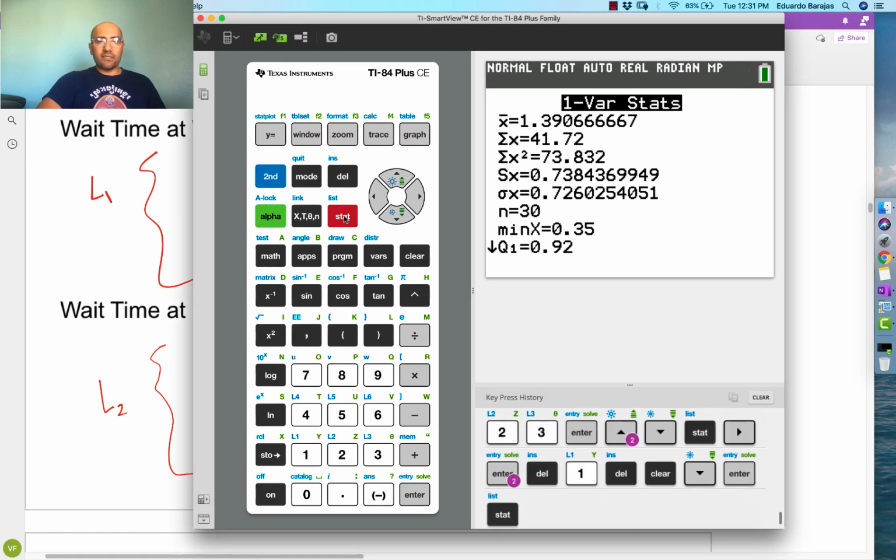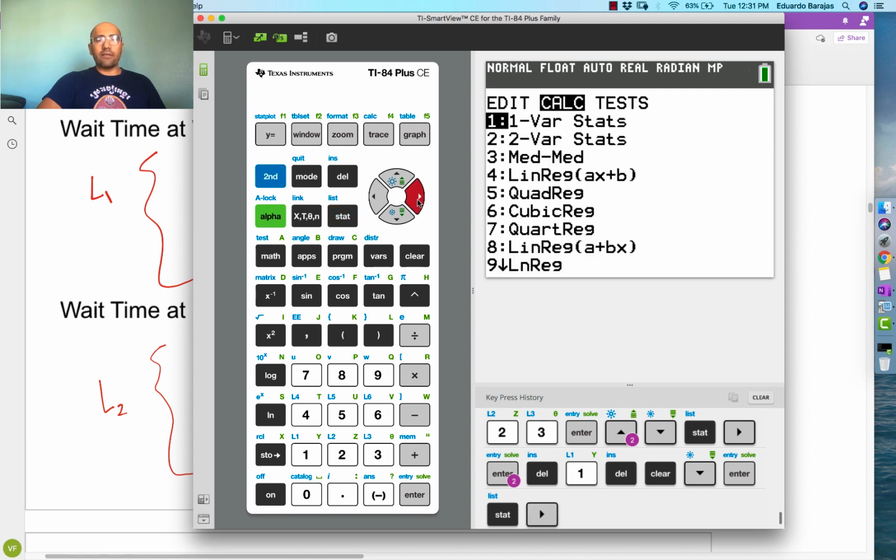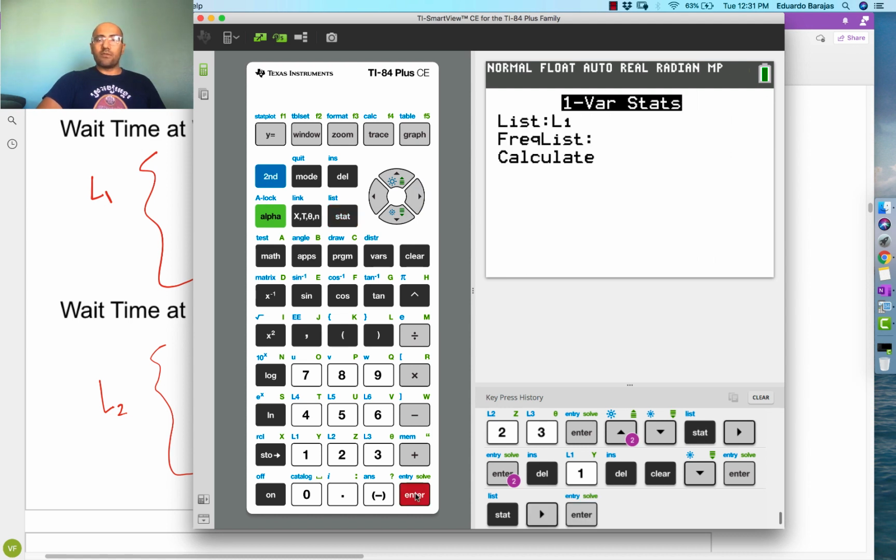We've got to go back to Stat, Calculate, list 1, hit enter. Now we want the second list. To find the second list, that's going to be right above the 2. But we have to hit the blue button first, second. See the up arrow is blinking, then hit the 2. Now L sub 2 is going to appear.